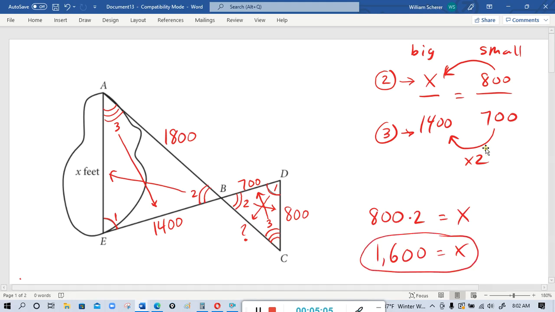These two triangles are similar by AA. Once you prove two pairs of angles congruent, the triangles are similar. And I didn't need to write the statement because I found corresponding side lengths by going across from corresponding angles that were congruent. So that's it, 1600.